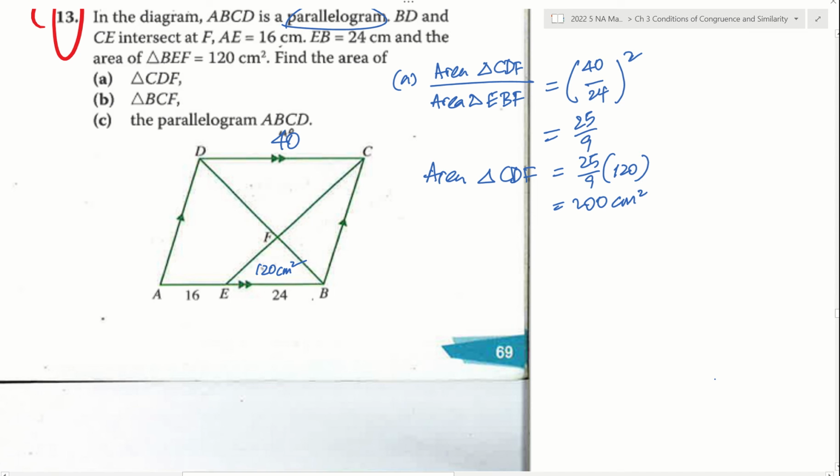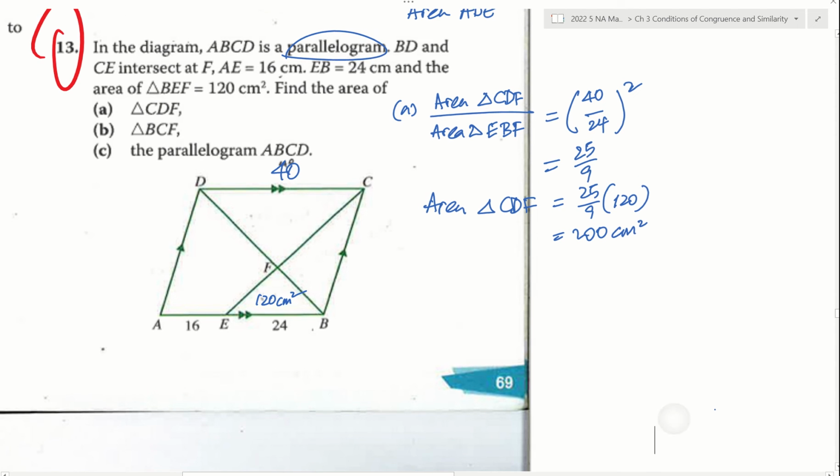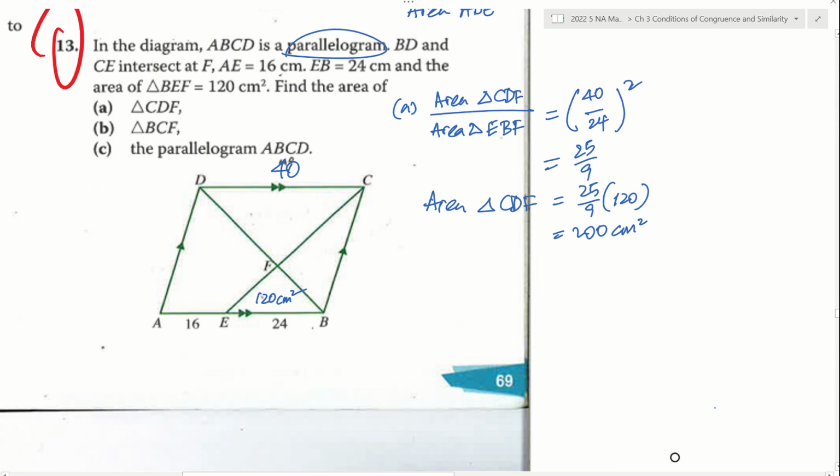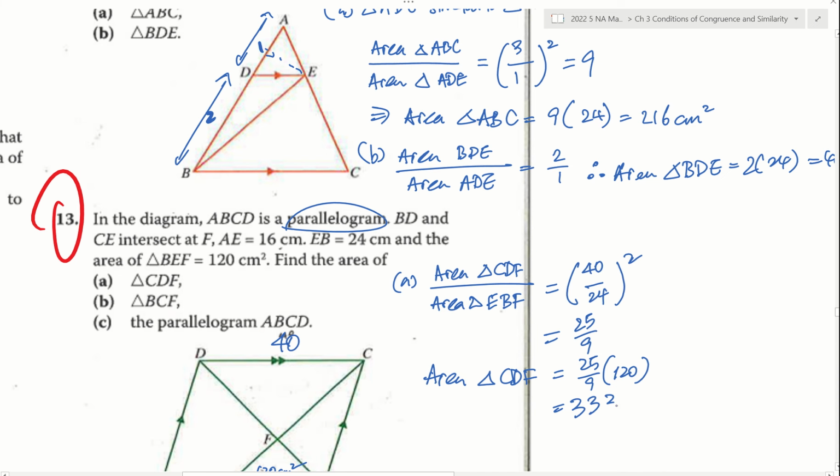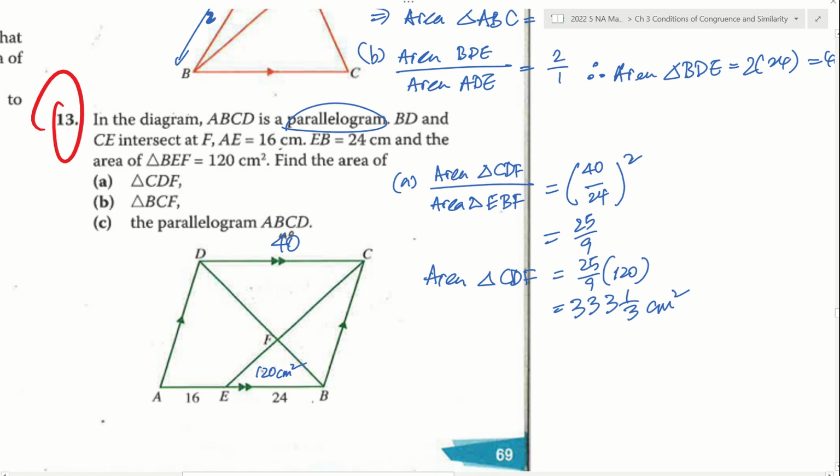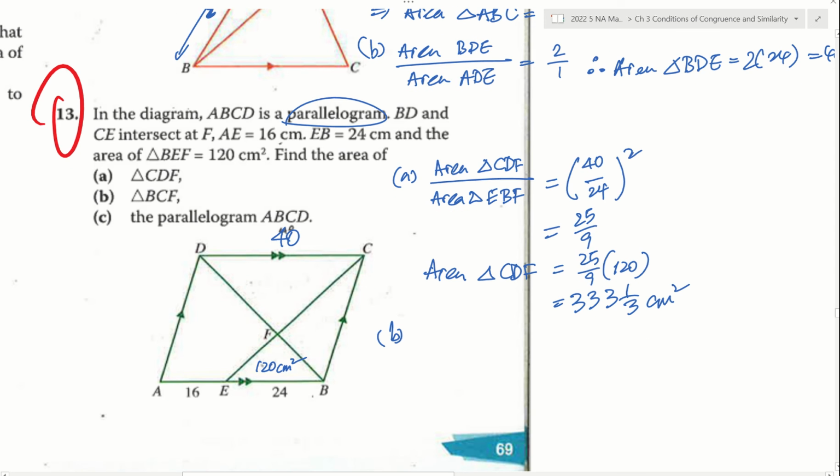Don't scare me, eh? You're talking about part A or part B? Then where's my mistake? Is it 25 divided by 9 times 120? Oh yeah, sorry. Yeah, you're right. So 333 1/3 square centimeters. Thank you very much.